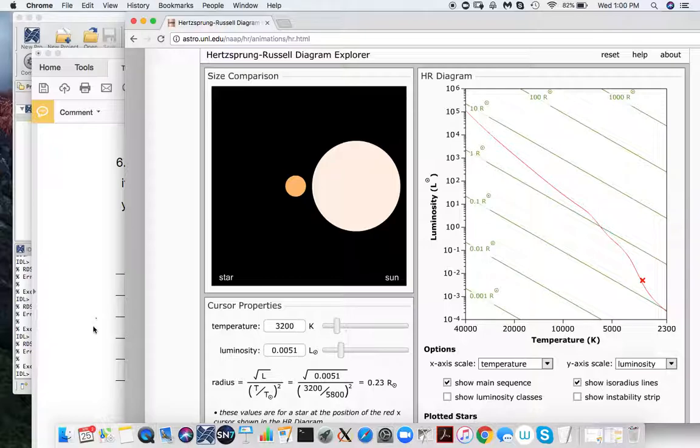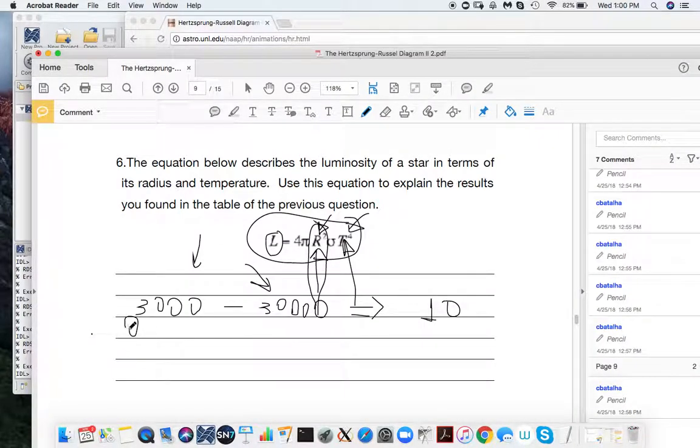So you have a range that goes from 0.1 to 100 times, right? So although the radius goes to the power of a square, temperature goes to the power of 4. So if you think about power, temperature seems to be more relevant here.